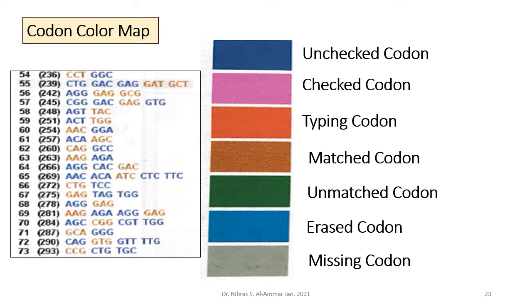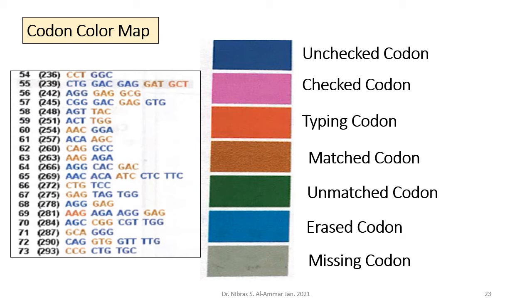It's very important to know the codon color map. The codon will appear in many colors, like this. If it appears in dark blue, that means unchecked codon. Pink means checked codon.